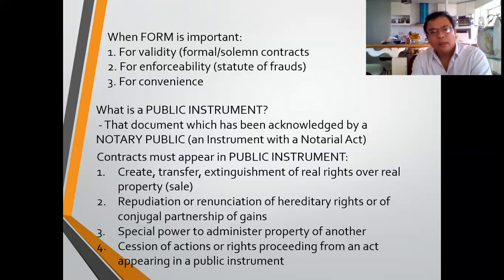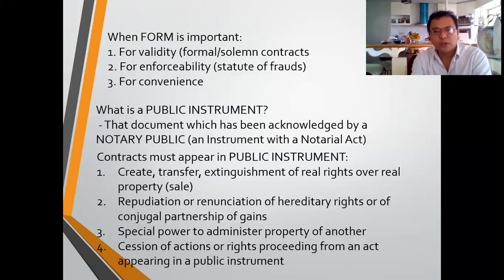Okay, I have a case here. She was a nun and she was renouncing all her inheritance in favor of her brothers and sisters. So she made a public instrument. Number 3, special power to administer property of another. So this is agency, special power of attorney.